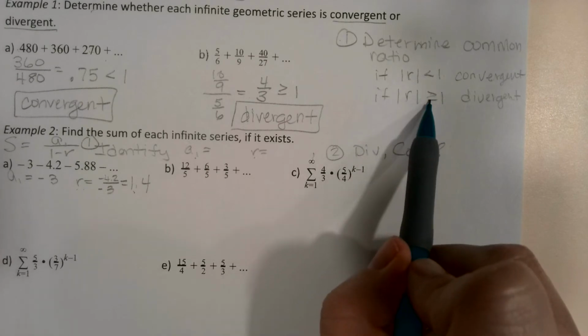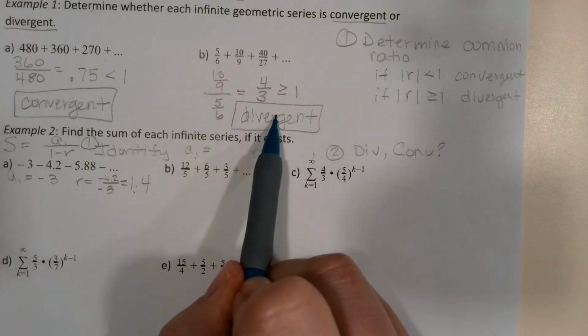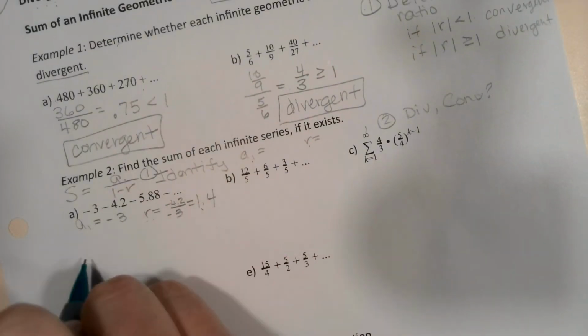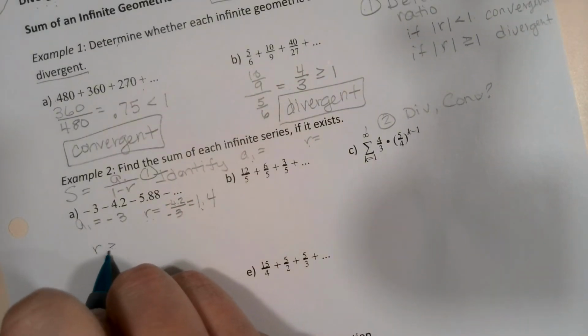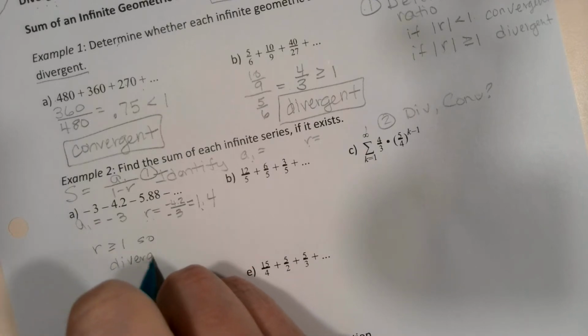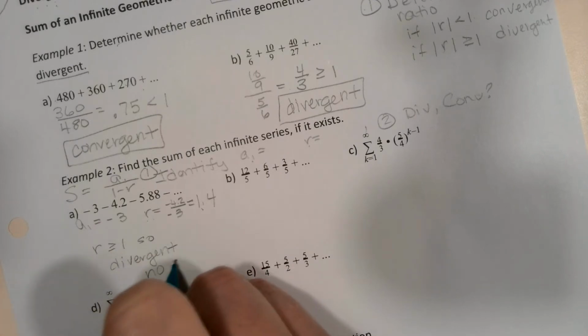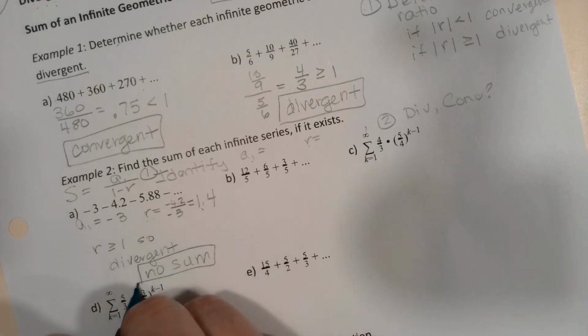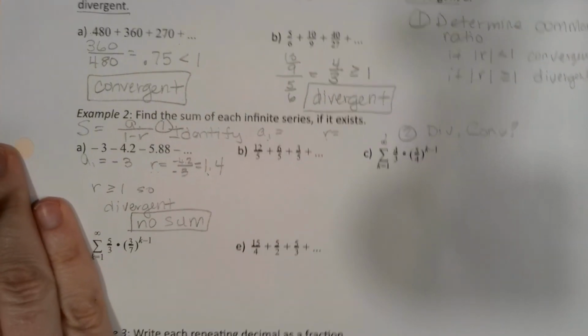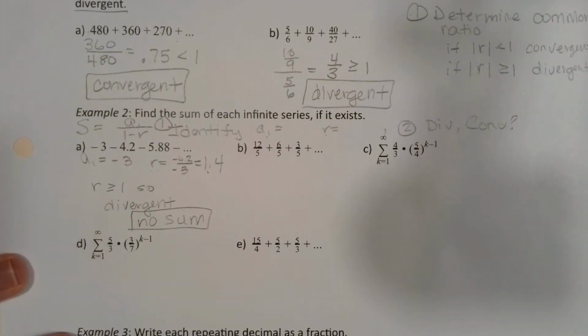If R is greater than or equal to 1, it's divergent, and if it's divergent, there's no sum. So R is greater than or equal to 1, so divergent, no sum. That's what we come up with. Okay, and you're going to do that for each of these problems.